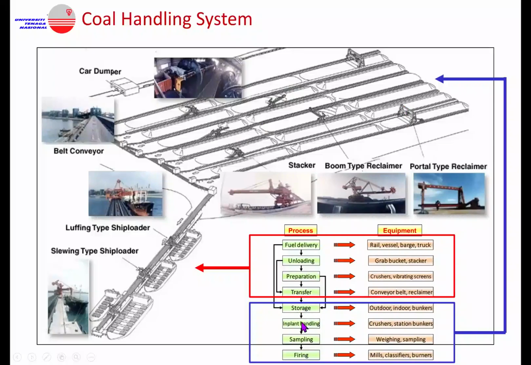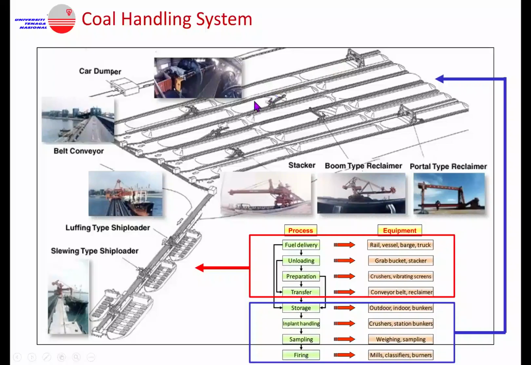And then you have in-plant handling. Whenever the coal is needed, you have a reclaimer located at a certain location in the coal yard. The reclaimer will pick up the coal, put it on the conveyor belt, and the conveyor belt will bring it to the power station.